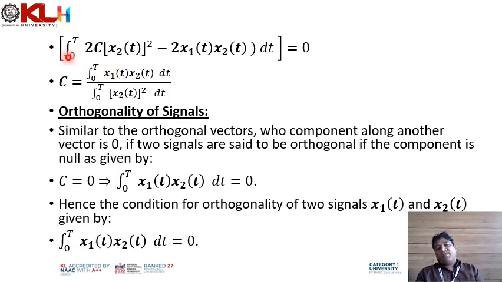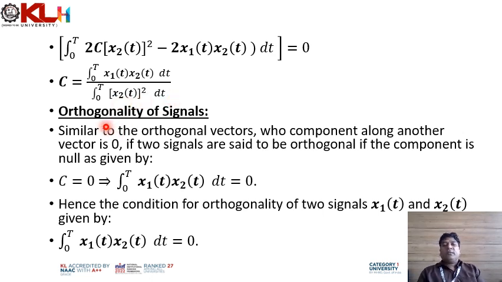Hence, we can simplify this derivative as the integral of 2C x2 whole square minus 2 x1 x2, integrated dt, equal to 0. From here we can write the component as C equal to integral x1 x2 dt divided by the integral of x2 whole square dt.